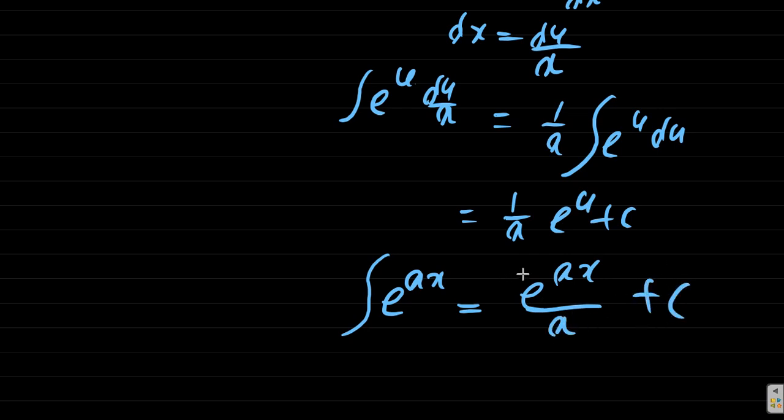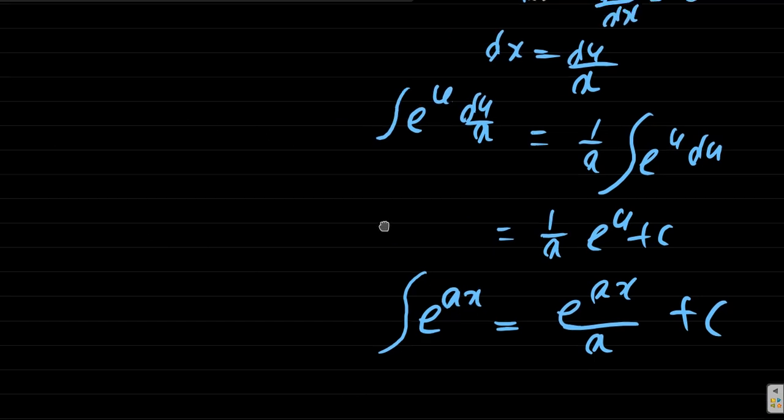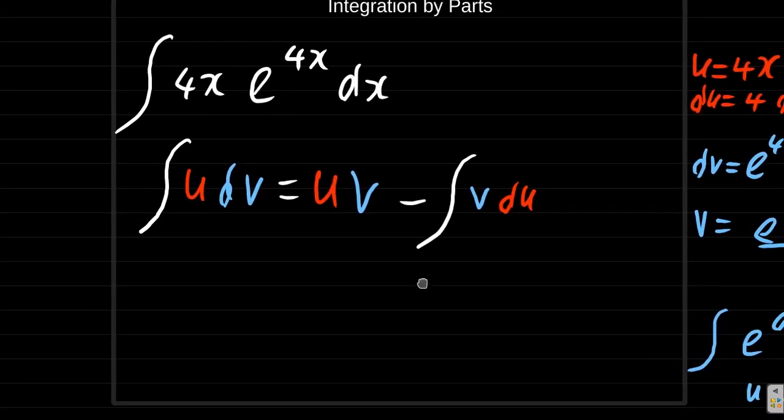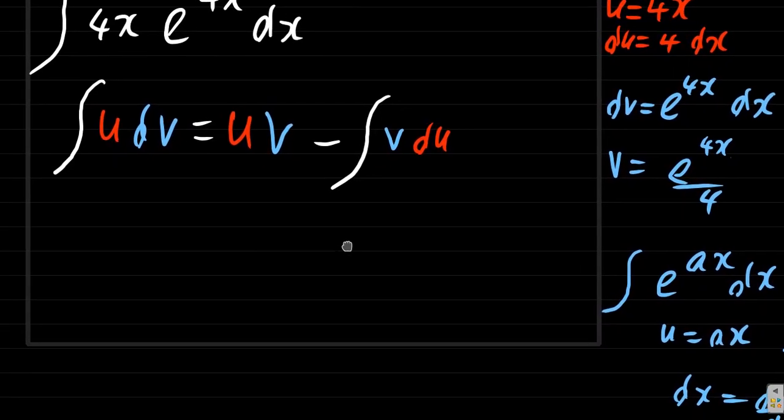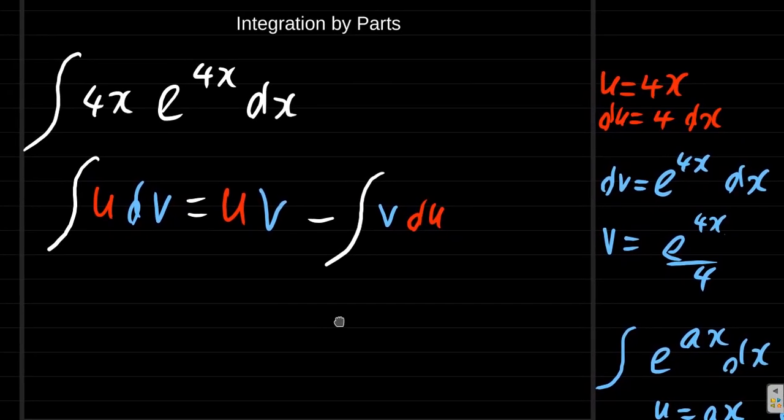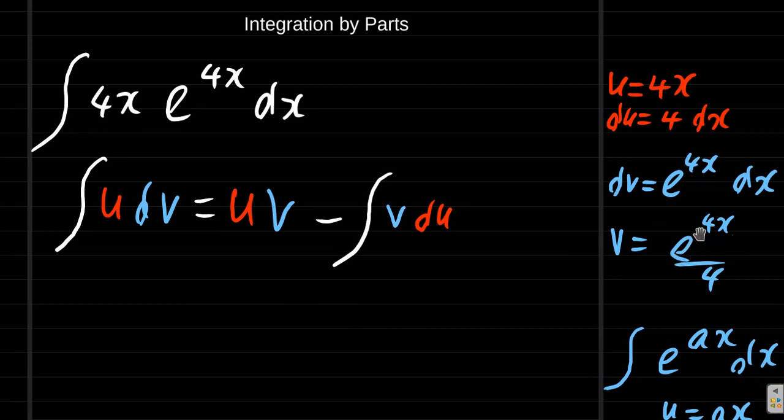So you divide by the derivative of what you have in the power. Alright? So back to what we were doing. In this case, a would be represented by a 4. So the integral of e to the 4x would be e to the 4x over 4.